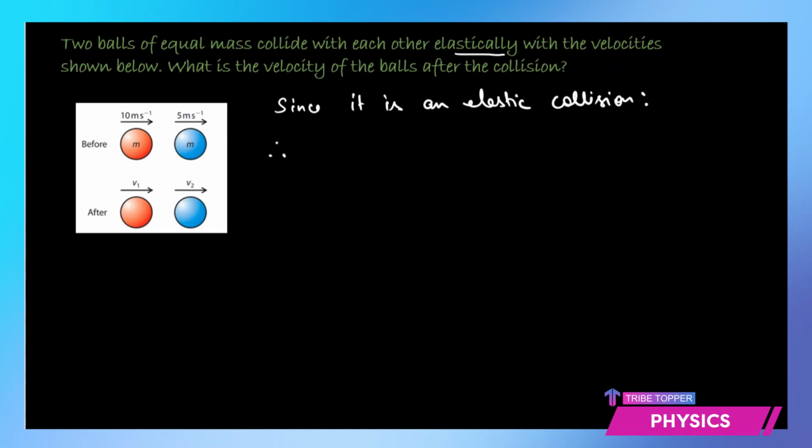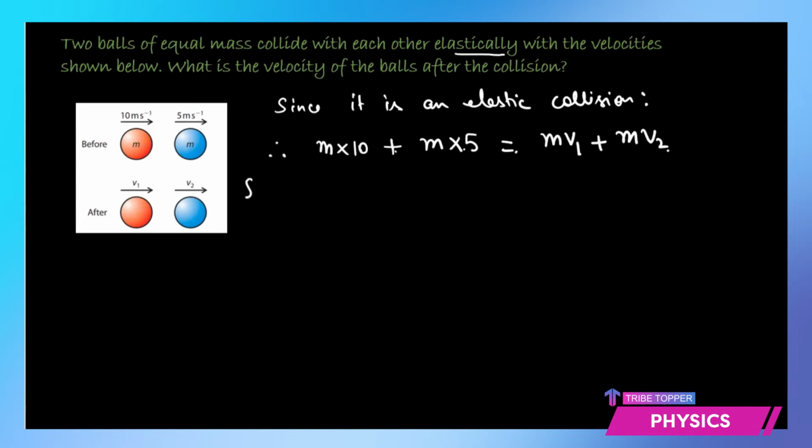So we have m1, which is m, times u1, which is 10, plus m2, which is also m, times u2, which is 5, equal to m1 v1 plus m2 v2.